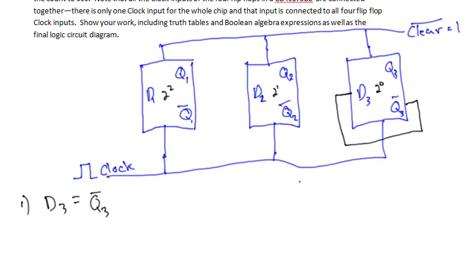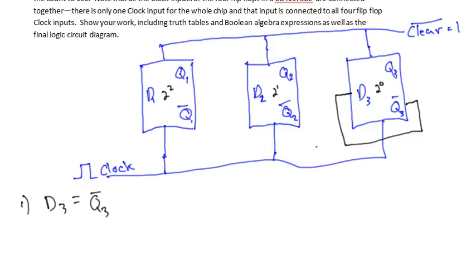Then for the next one, the value of Q2 in the next clock pulse is going to become whatever D2 is now. And so D2 depends on the previous state, and this only gets affected by its own value and the value in a lesser significant digit. What happens up here doesn't affect it.